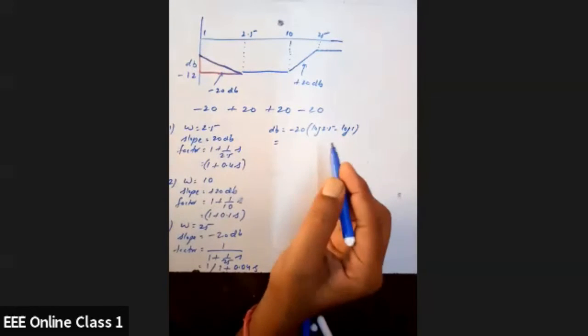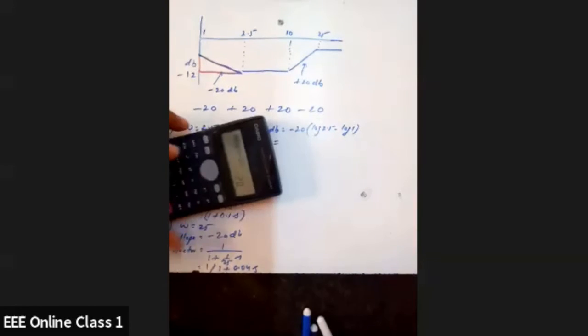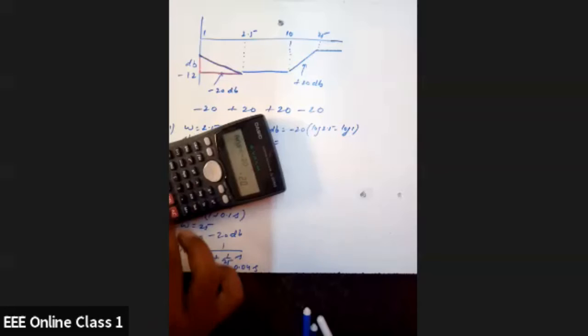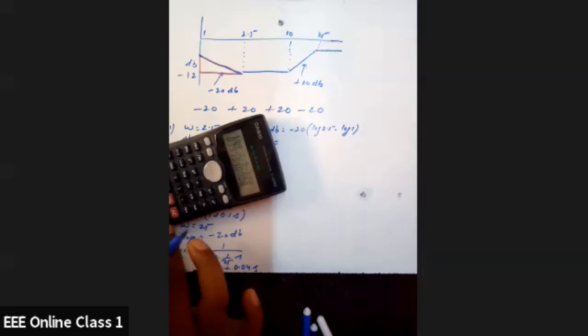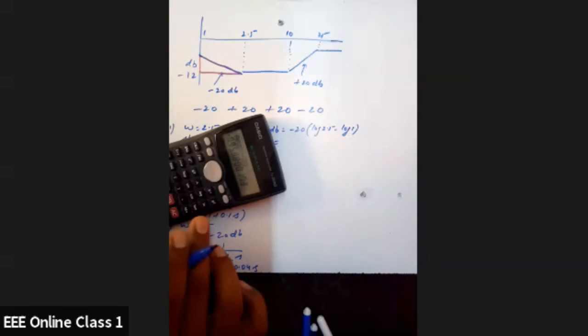So log of 2.5 minus log of 1, into minus 20. So this becomes minus 7.95.